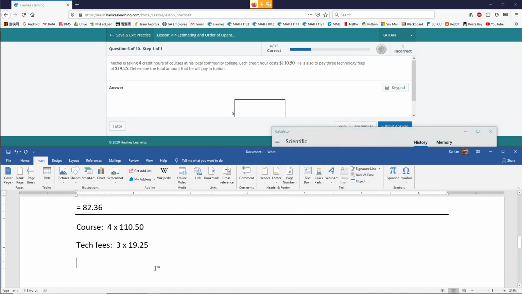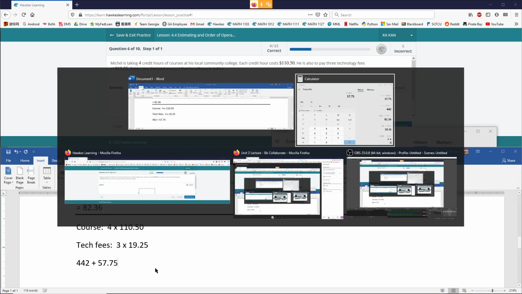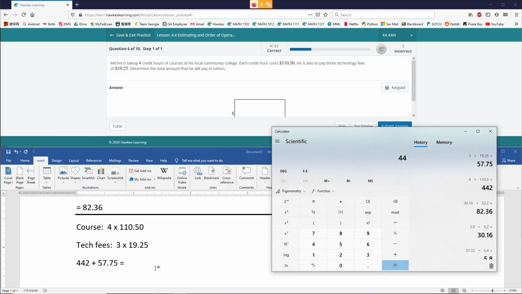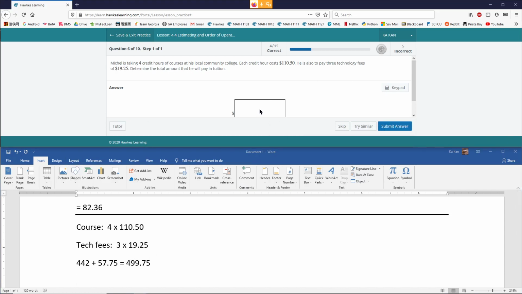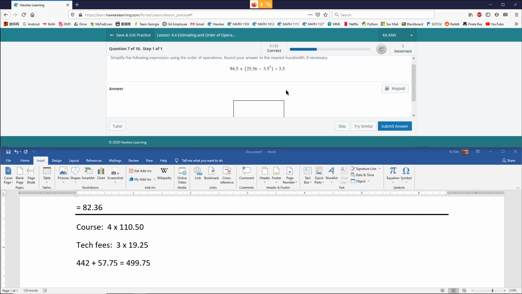So $442. Then I look at the other one, 3 times $19.25, and that's 57.75. Plus 57.75 gives 499.75. So that should do it. Just gotta be careful with the words. Just like that. Next one.